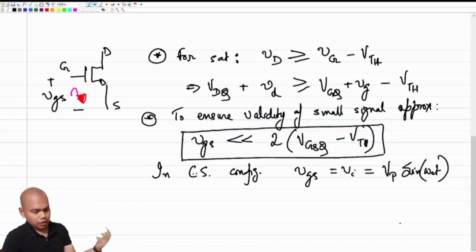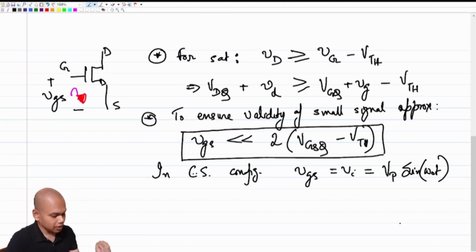We'll come to the minimum VGS that we can apply shortly. But this is a correction from the statement that I made 2 minutes back, that this condition is to ensure the validity of the small signal approximation.